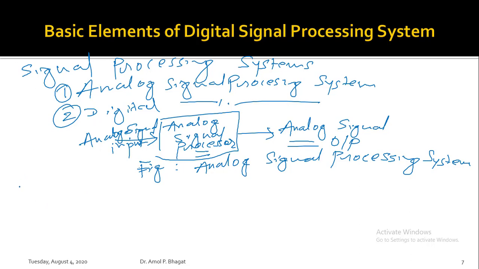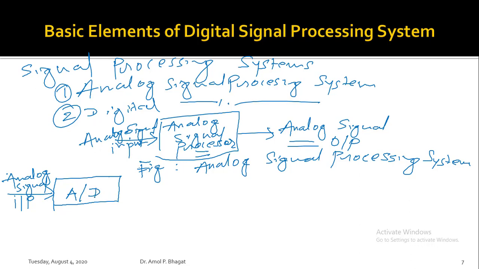But if I want to process the analog signal, because all natural signals are analog in nature, using a digital signal processing system, we need some additional operations as well as additional blocks in that system. So what are those blocks? Initially the analog signal should be converted into digital form to process it digitally. So the analog input signal will be given to the analog to digital converter.